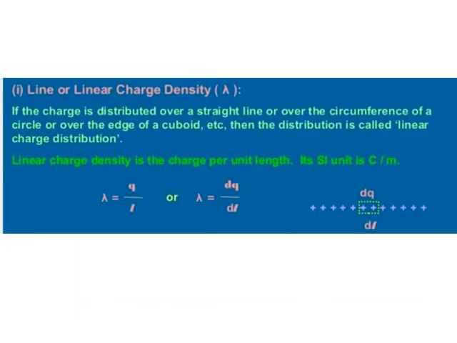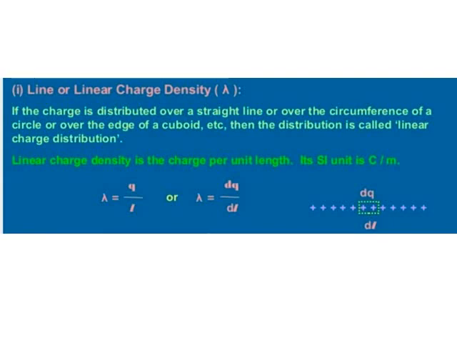A line charge distribution means a charge distribution along a one dimensional curve or line L in space as shown in the figure. We define the linear charge density at any point on this line as the charge per unit length of the line at that point.